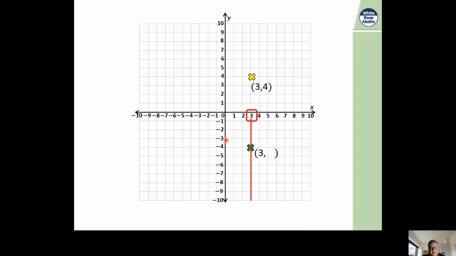On this y-axis, it's going to be a negative number. -4. Again, move on if you're ready. If it's not quite making sense, pause it, have a look at it, think it through, go at your pace.